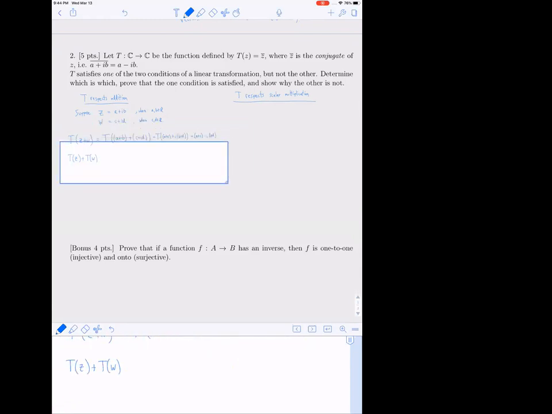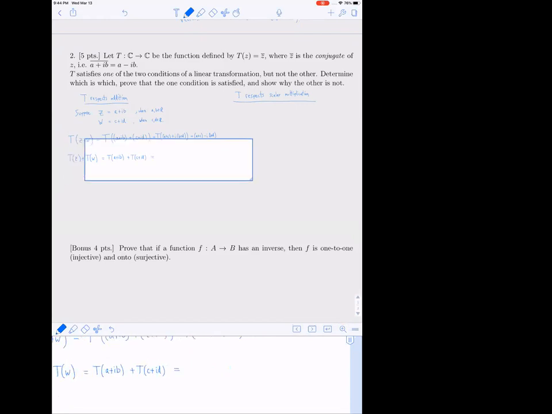All right, on the other hand, if we look at T of z plus T of w, well, z is equal to this complex number a plus ib by itself. W is equal to this complex number c plus id by itself. And T will just then switch each of those signs individually to a minus ib, and then c minus id.